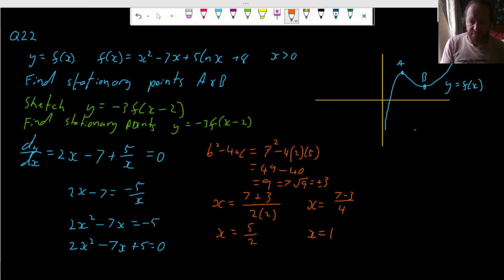That hasn't found me these points yet. I still need to substitute them into the starting equation up here.